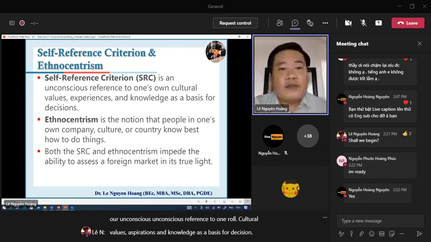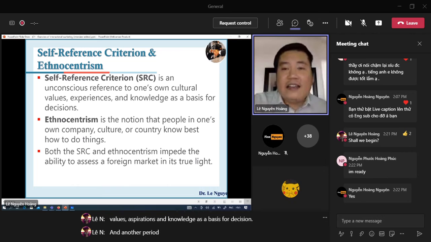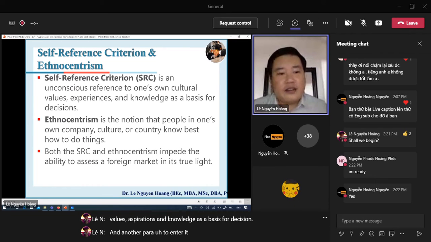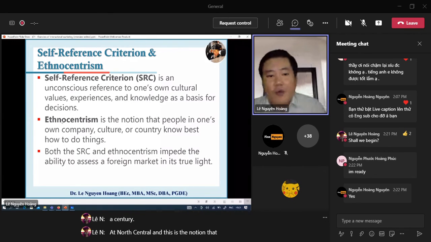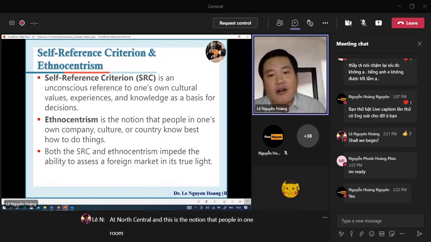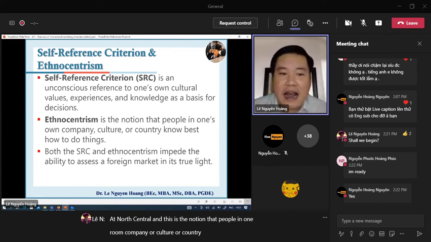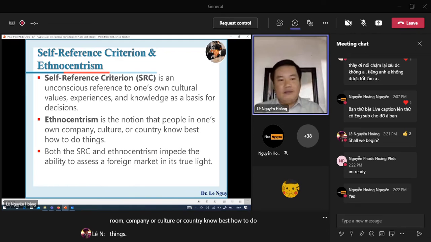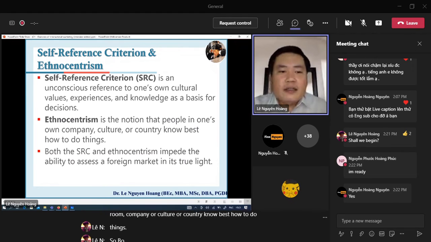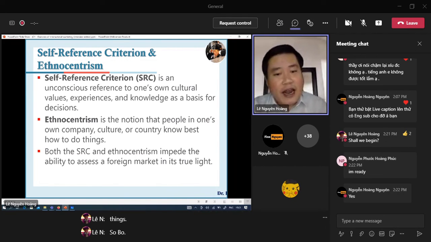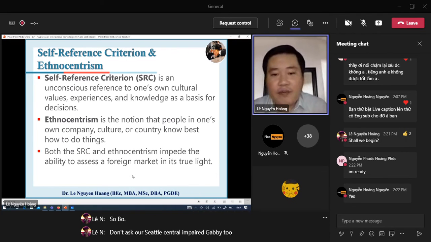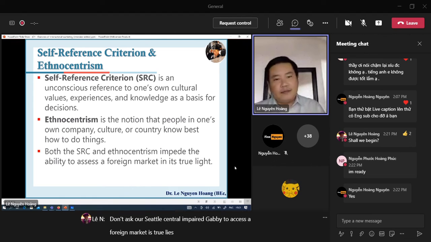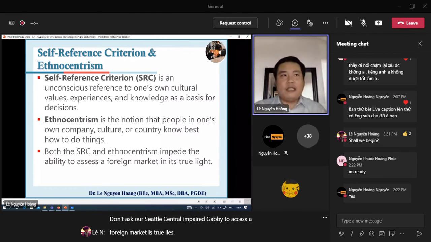And another barrier to entering international markets is called ethnocentrism. This is the notion that people in one's own community, culture, or country know best how to do things. So both SRC and ethnocentrism impair the ability to assess a foreign market in its true light.